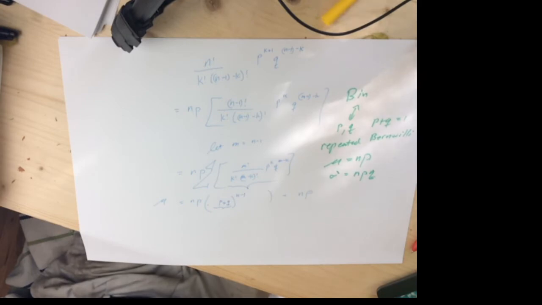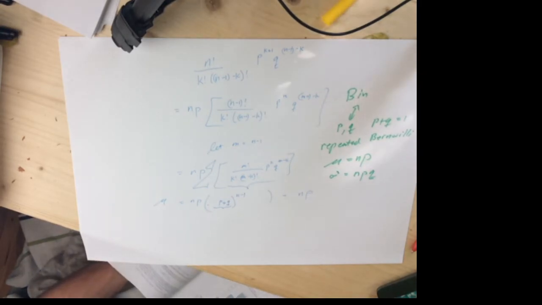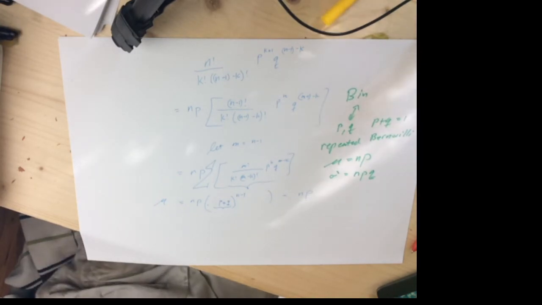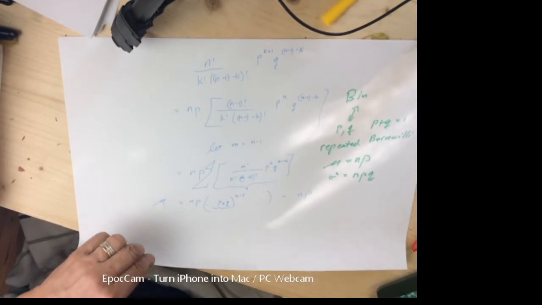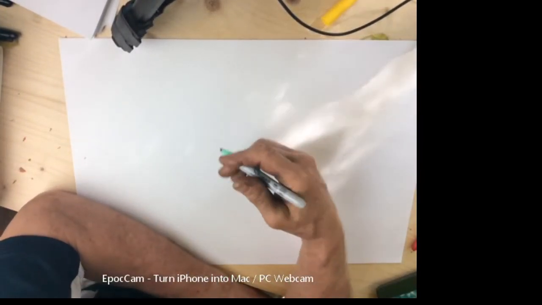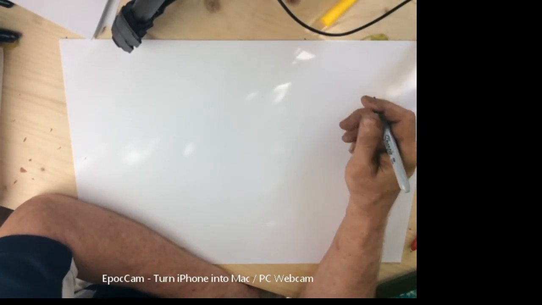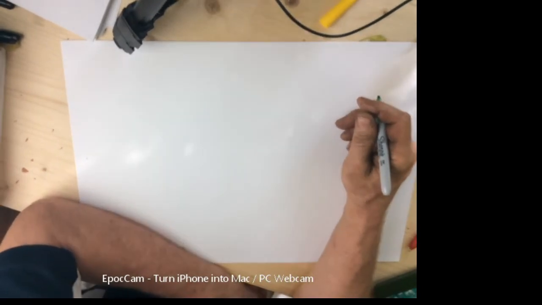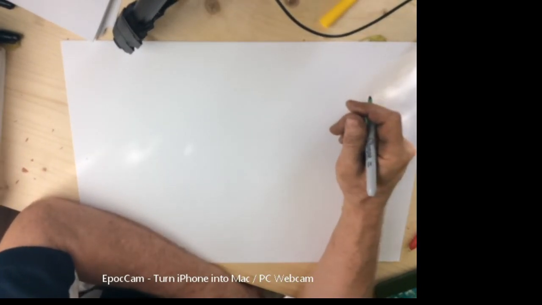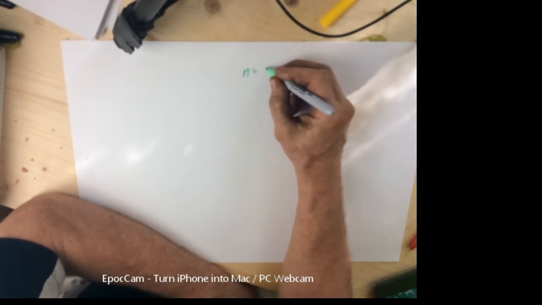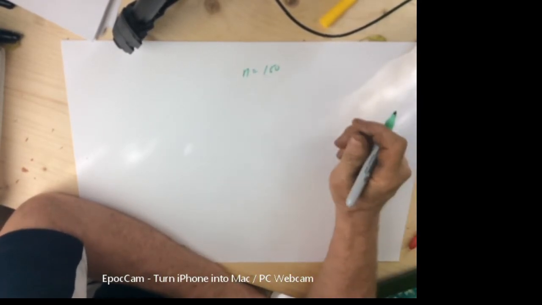All right, so what can we do with this? Well, we can ask questions about repetitive random experiments, where each experiment has the same probability of success or failure, and we repeat them, and we just want to count the number of successes. So, let's take a bunch of popcorn. Let's take n equals 150 popcorn kernels.